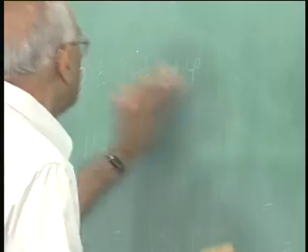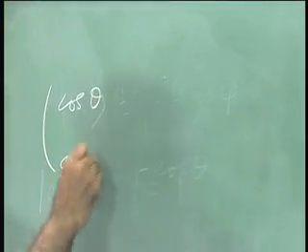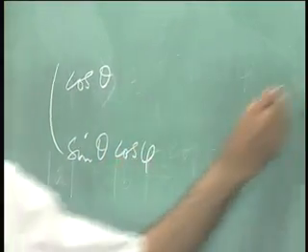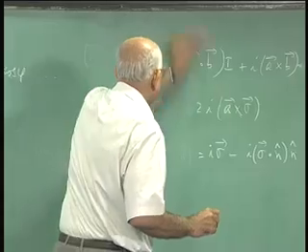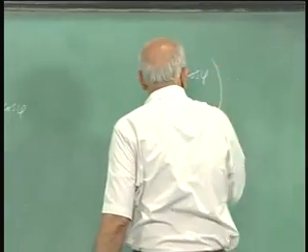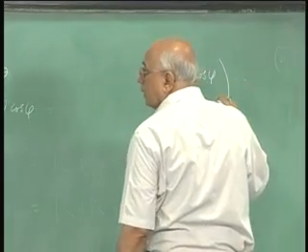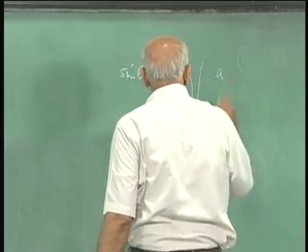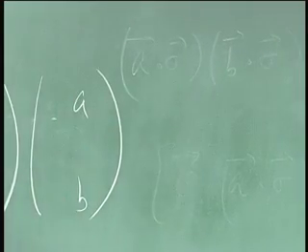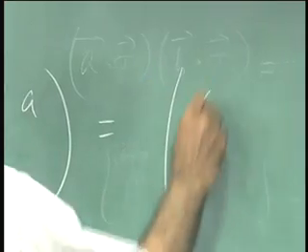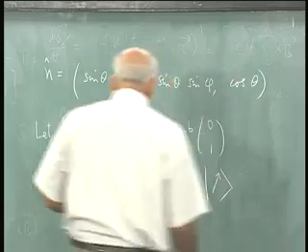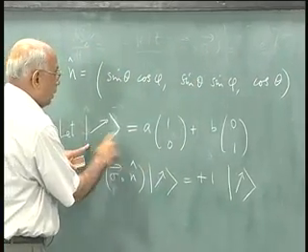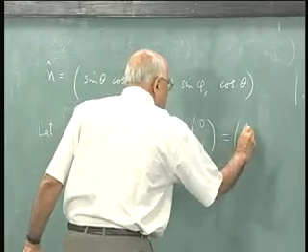Let us write it out with enough space, sin theta cos phi, and then sin theta cos phi acting on a b is equal to ab. That is my eigenvalue equation. This operator here is just ab, so this ket vector is just ab.